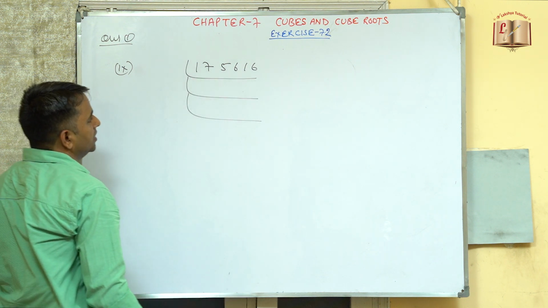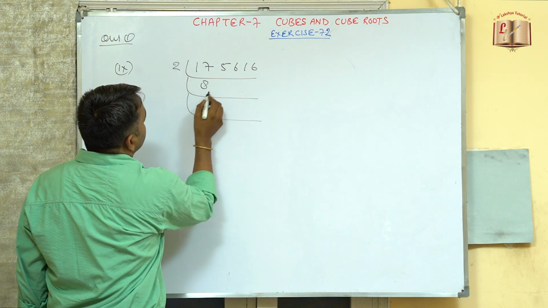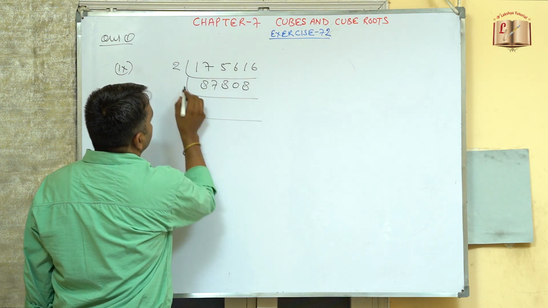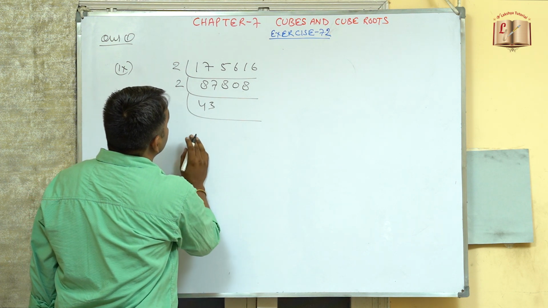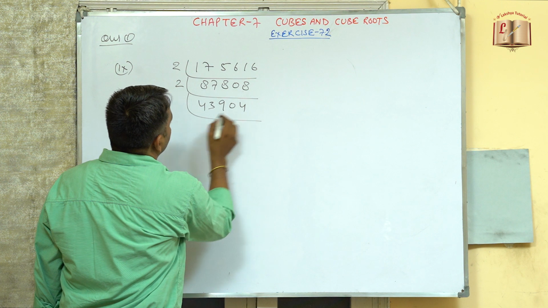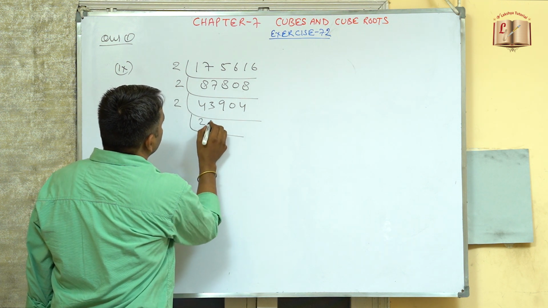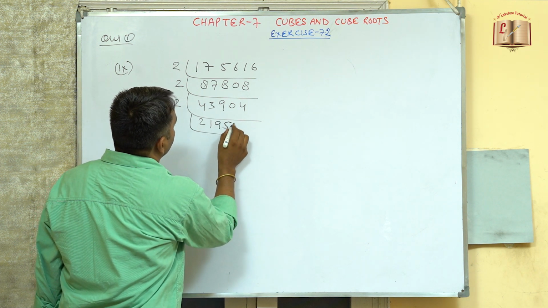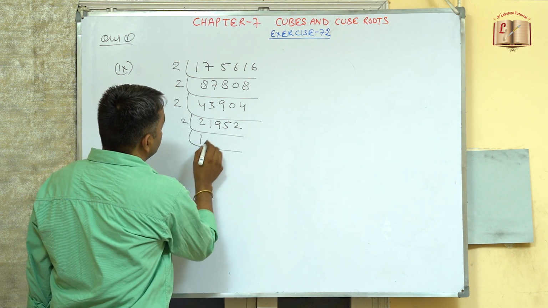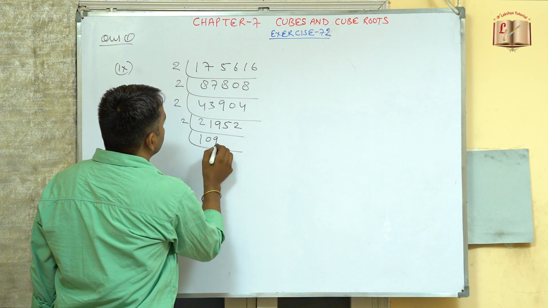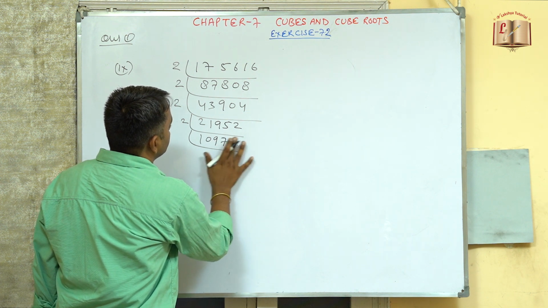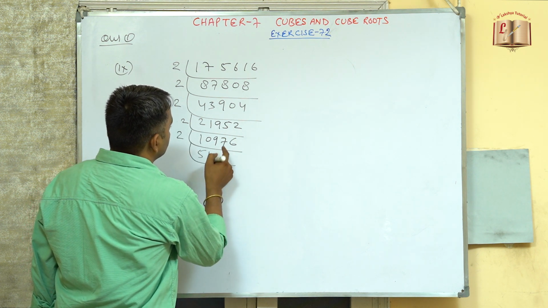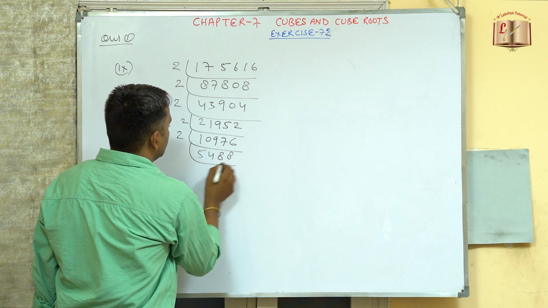Again we will find out the factors of this. Dividing by 2: 87808, then 43904, then 21952, then 10976, then 5488.